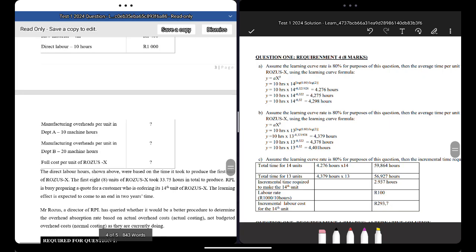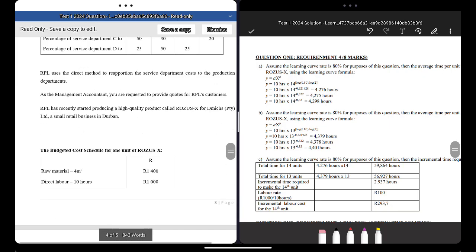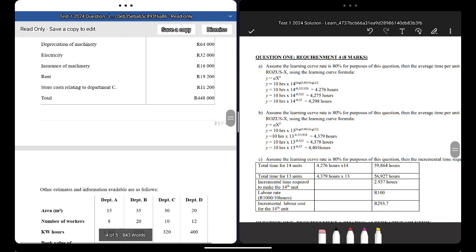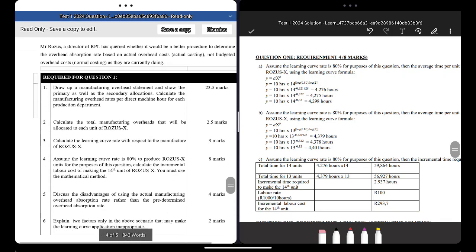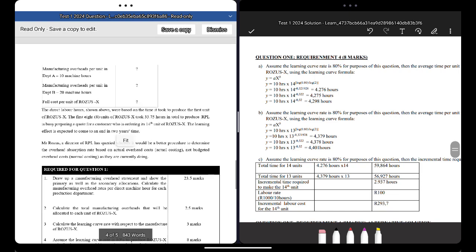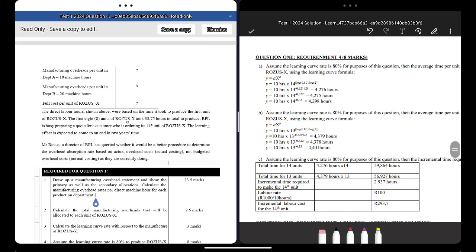Now in the question they tell you, where is it? Let's see. Did it tell you somewhere here what the first unit took? Oh, here we go. The first unit took 8 hours. No, sorry. The first 8 units took 33.7 hours.